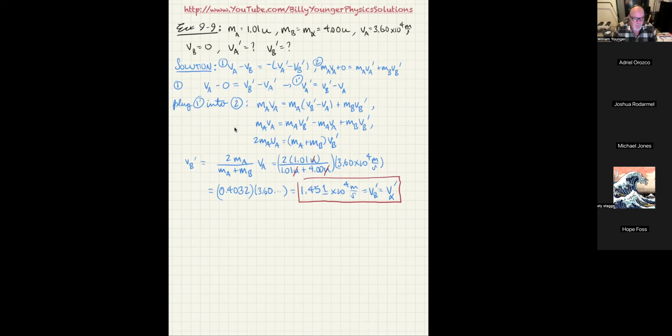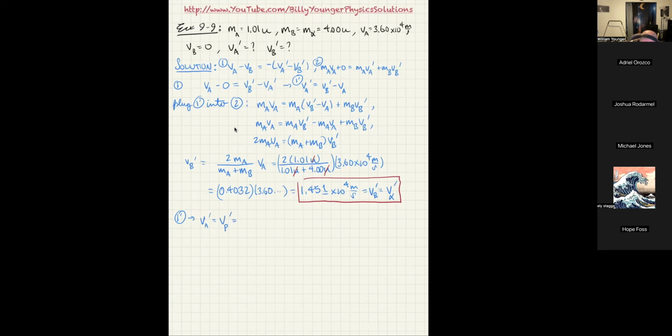Now we've got to calculate what the velocity of the proton was, and the velocity of the proton, luckily, we already solved for in terms of equation 1 prime. So from 1 prime, we get velocity A prime, which is the proton after the collision.